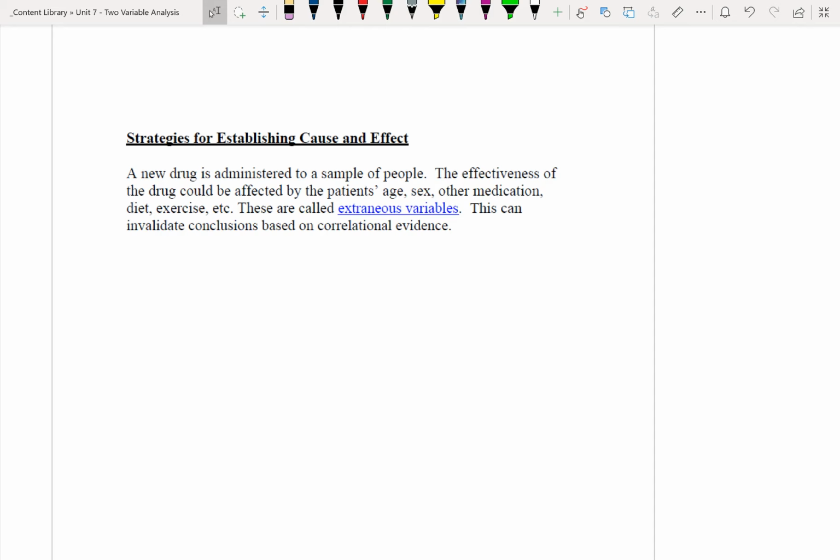So if we find a correlation between two variables or between the effectiveness of the drug and the people, these could be invalidated because there are so many other extraneous variables that are having an effect or may be causing the actual cause and effect relationship.